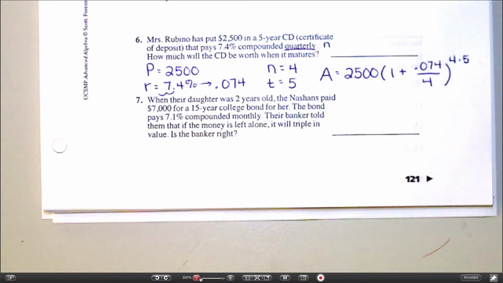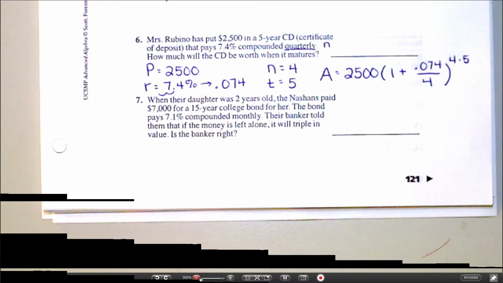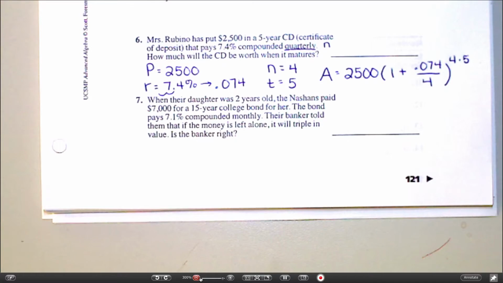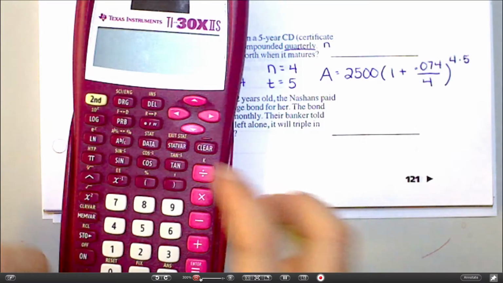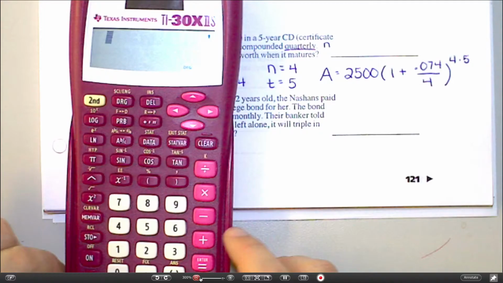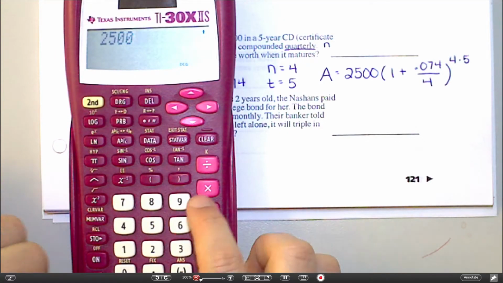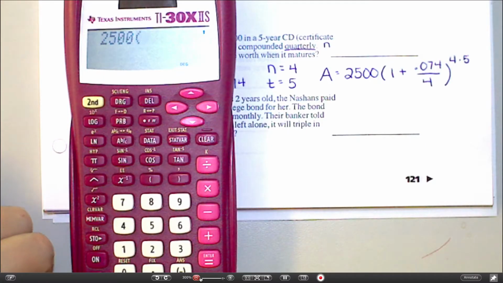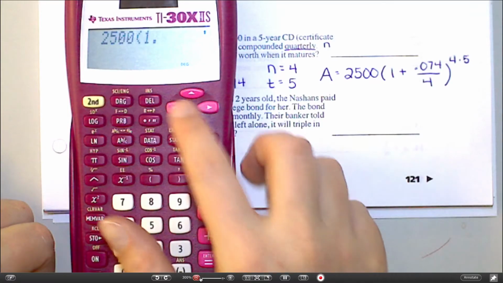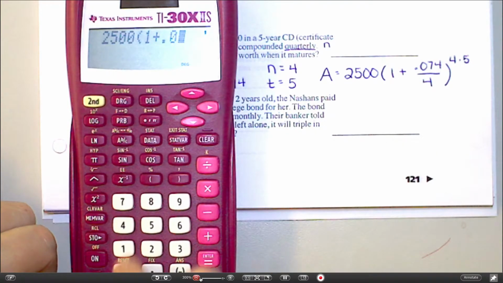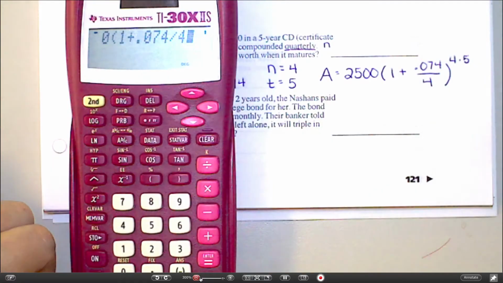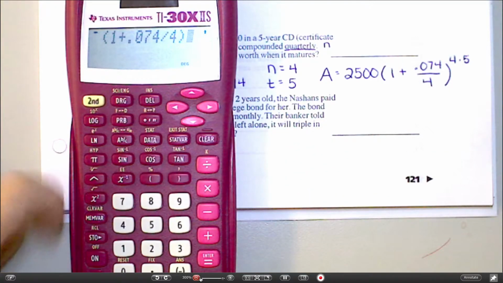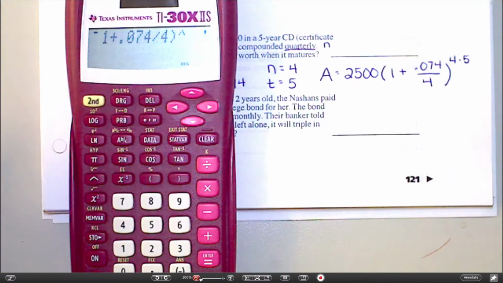Now that can type almost exactly into your calculator with one minor change. So watch how I do this. I'm going to turn my calculator on. I'm going to type in 2,500, parenthesis, 1 plus 0.074 divided by 4, so no extra parentheses or anything, just how it's written, parentheses, to the power of, now this is the part that's tricky.